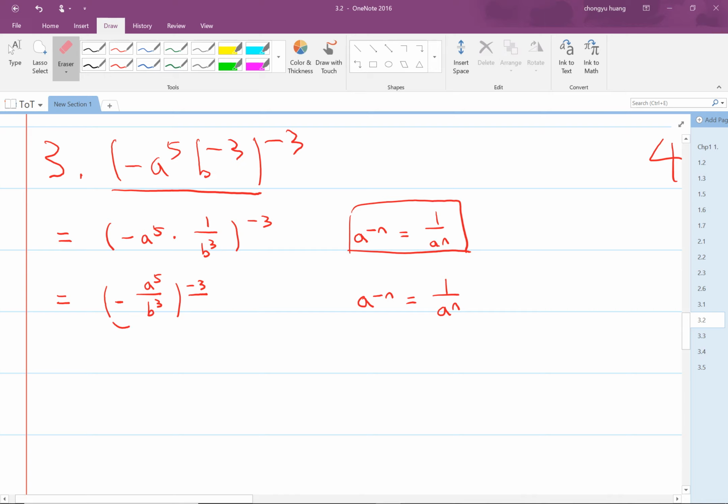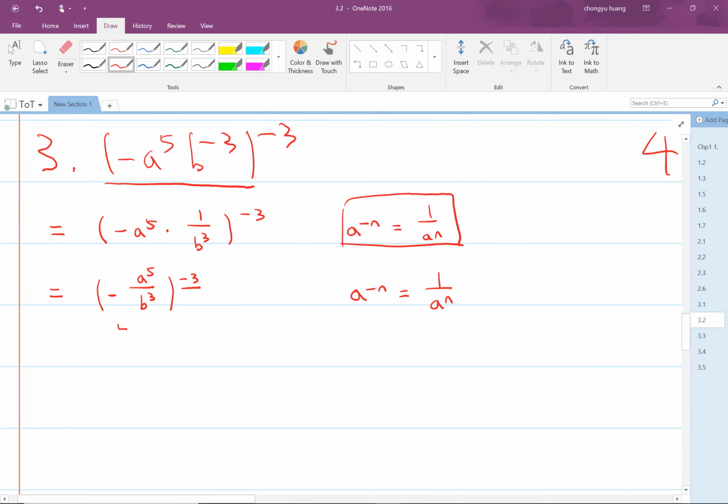Let me write a bit more clear. As I just said before, we see this as a term. As you see, I already wrote down the property at the right.